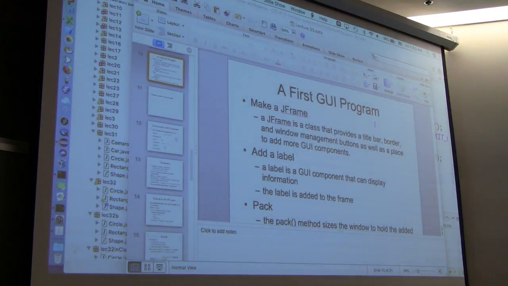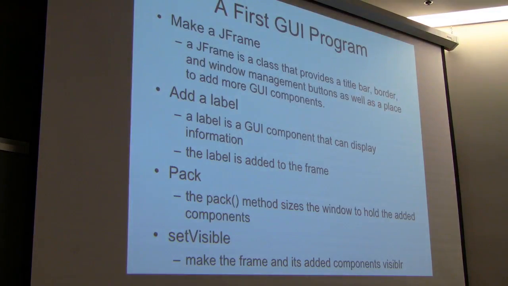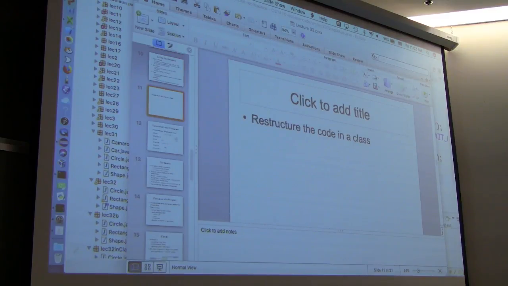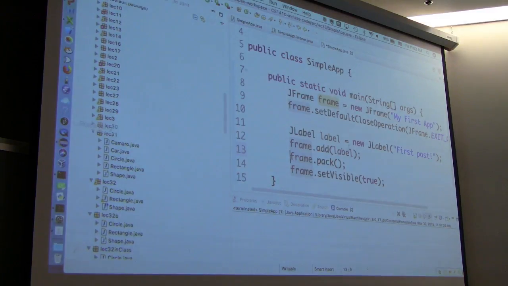Let's see where I want to be here. So I've added all this stuff. Okay, let's make this thing more of a class. And we'll talk about why we want to do that in a minute. But right now we're all in this main method here, right? And we have this class structure, and we're not really using it.